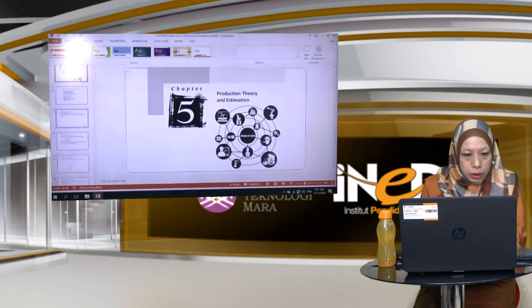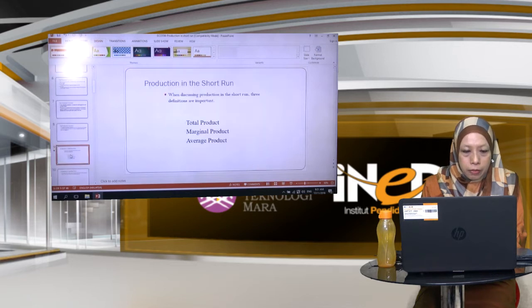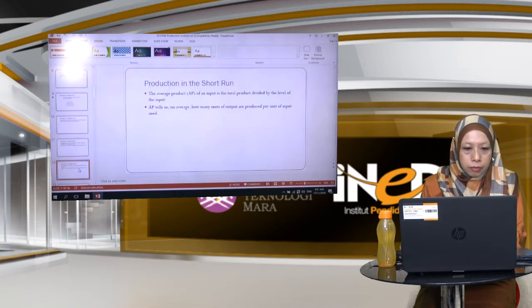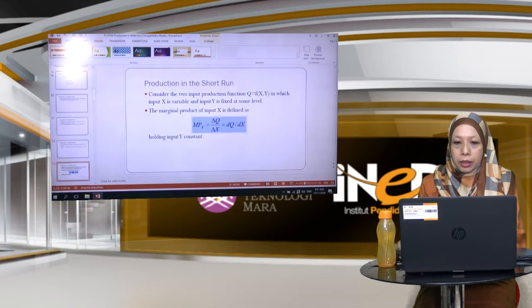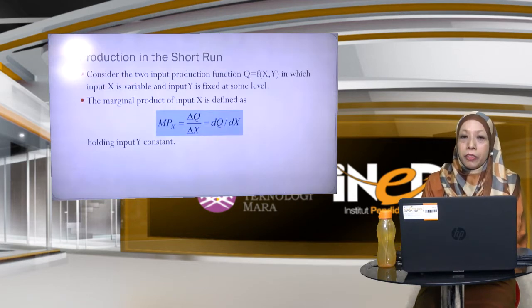If we want to calculate the marginal product, we need to find the change in output divided by the change in variable input. But if you want to find the marginal product function, you need to differentiate the total product function with respect to your variable input x. When you're doing this, you are holding the other input y constant.